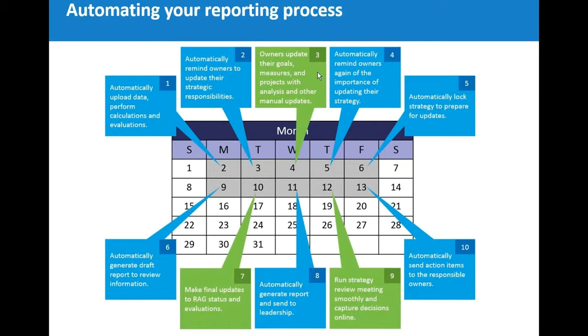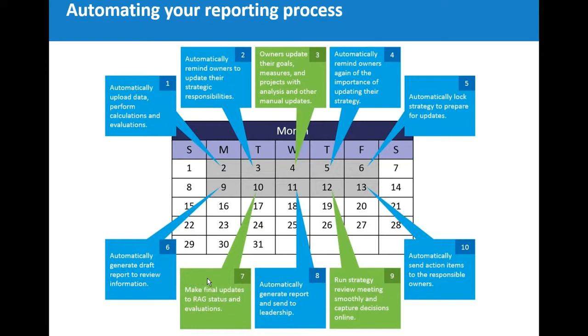And of course, we can assume most users log in and enter data right after seeing this reminder. But maybe there are a few stragglers, so that's taken care of too with a second reminder that will send only to owners who haven't made their updates yet. Nice. And you can set a deadline for your account to lock down automatically for administrator review. Then, thanks to report scheduling, the admins can get a draft briefing book right to their inbox.